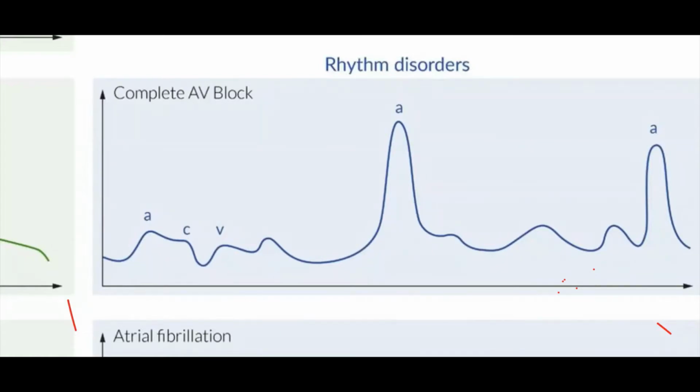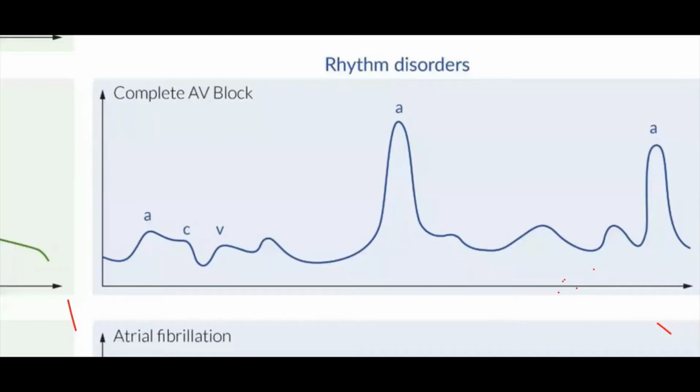When the atrium contracts against a closed valve, the pressure will go tremendously high. And that will be intermittent because this dissociation is intermittent, it's not fixed, because of the complete heart block. So cannon waves are very high A pressures and intermittent.